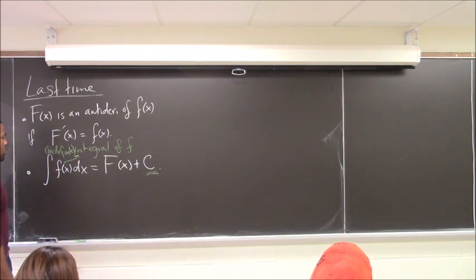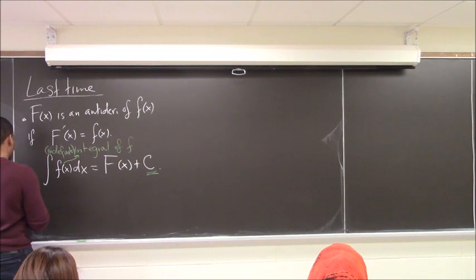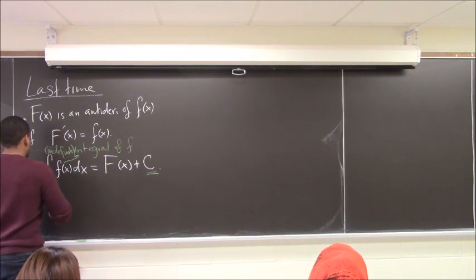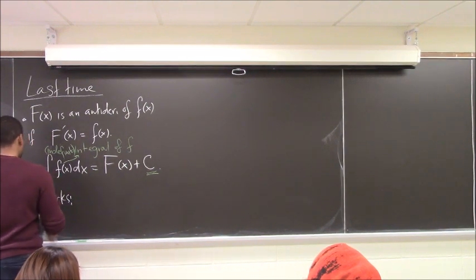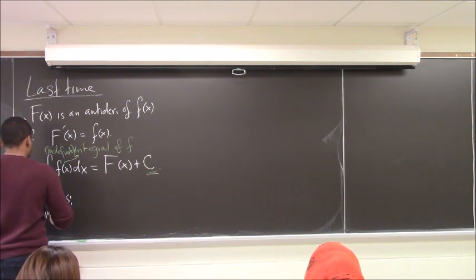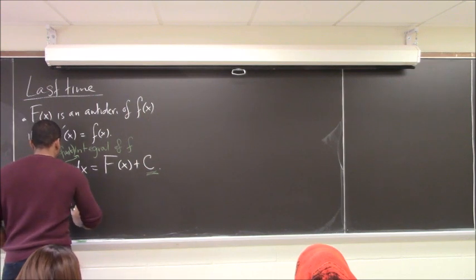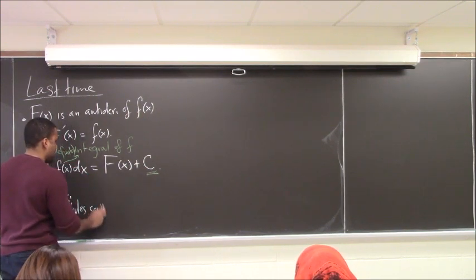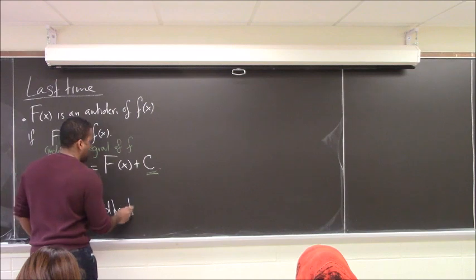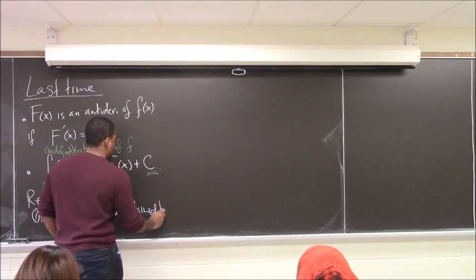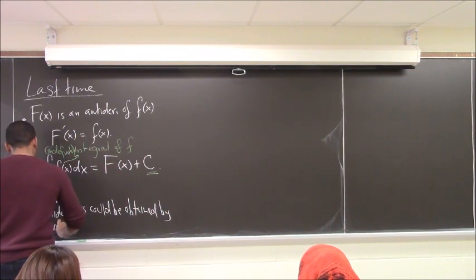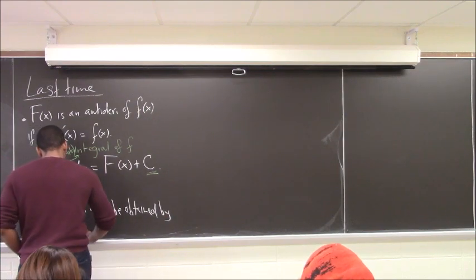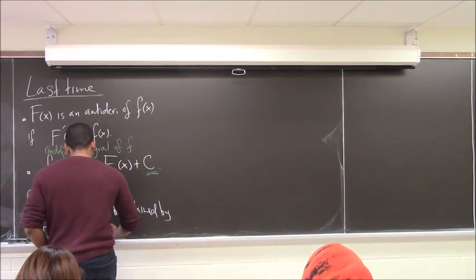And then we made some remarks here, which is where we kind of ended. So the first remark was that antiderivative rules could be obtained by reversing derivative rules. That follows almost immediately from the definition of antiderivative.